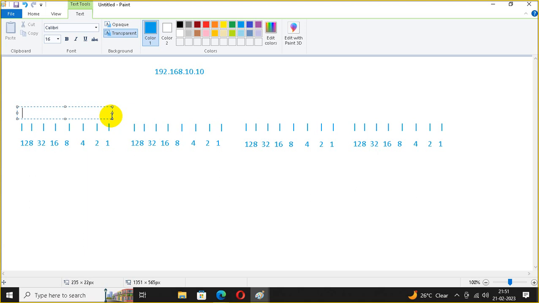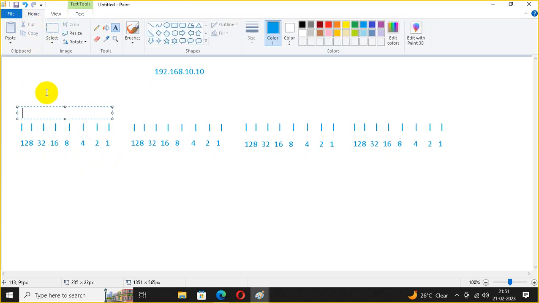Okay, so Rishil, tell me how we can create 192. Simple, just add figures here and tell me which figures you are adding to create 192. 128, so make it 1, then 1.